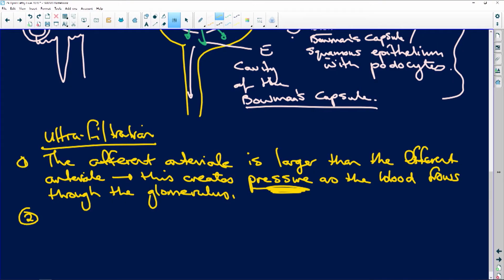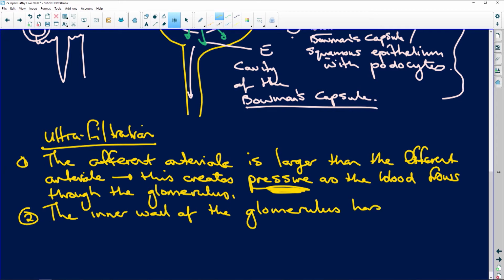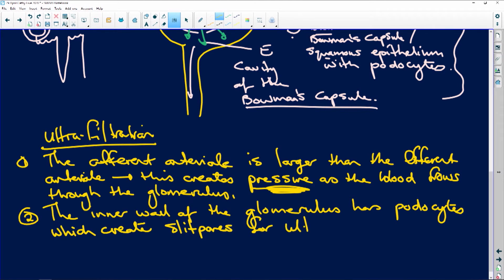Number two, our next point is that the inner wall of the glomerulus has podocytes which create slit pores for ultrafiltration.